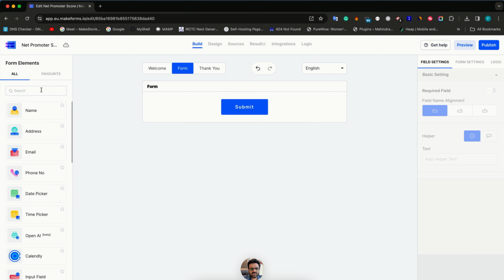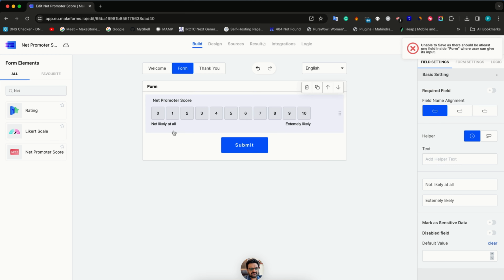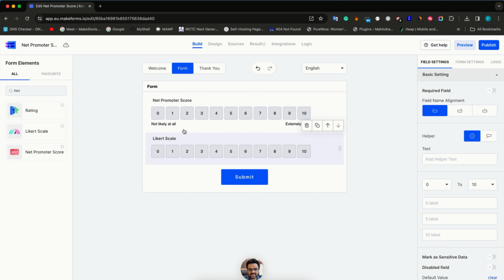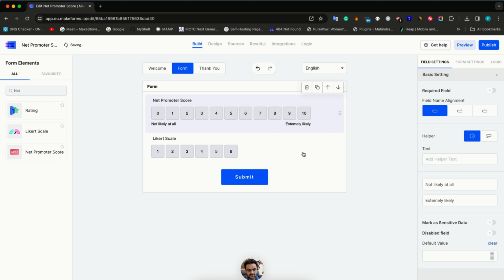This is at times also called NPS. So I will add this. If you see this, this is pretty much similar to the Likert scale. Nothing much of a difference. The only difference is that on the Likert scale, you get the control to actually select the range. Opposed to that, in the net promoter score, you do not have that option.